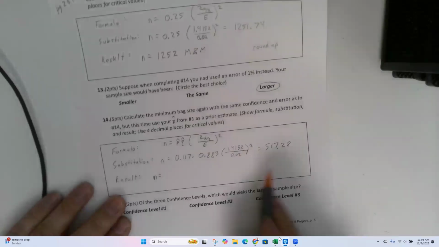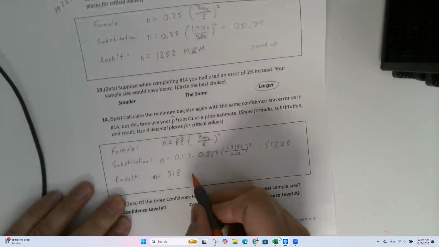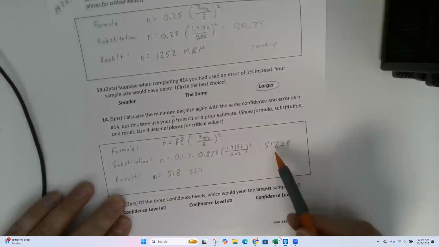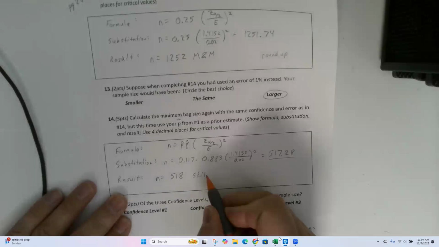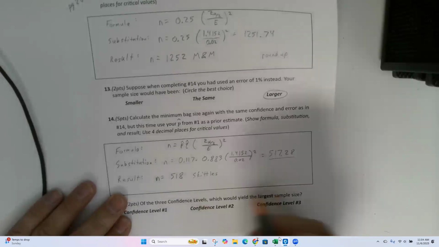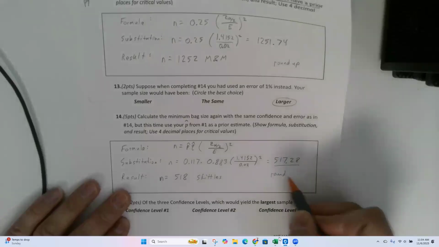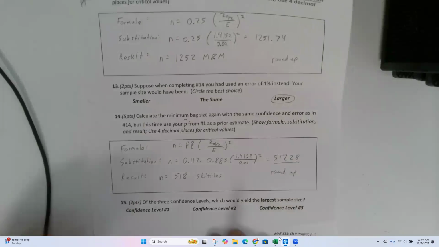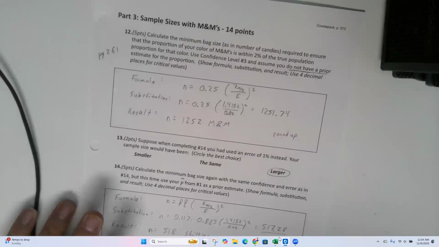And we are going to round that up, even though normally we would round this down. Round it up to the nearest whole number.